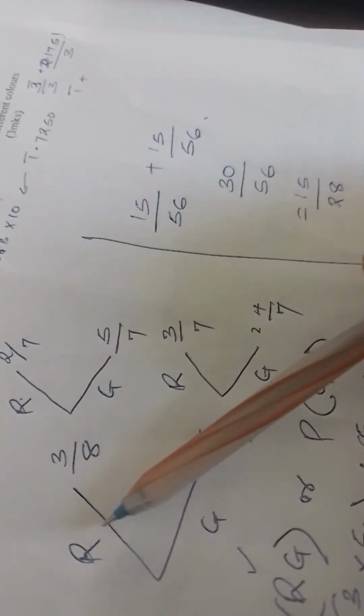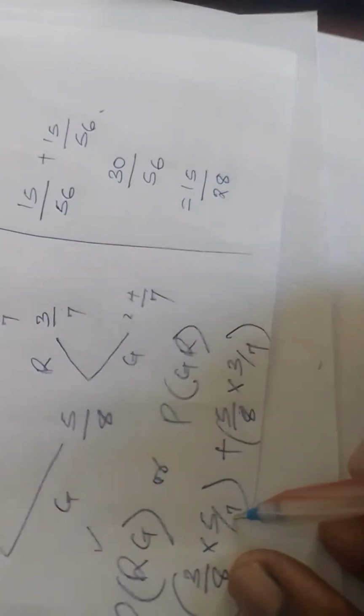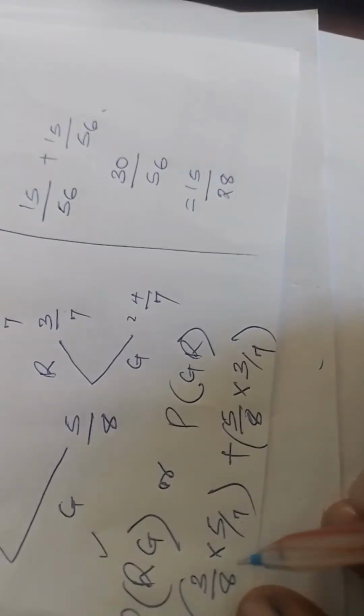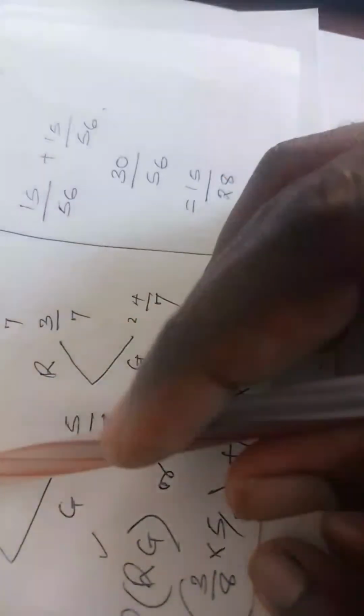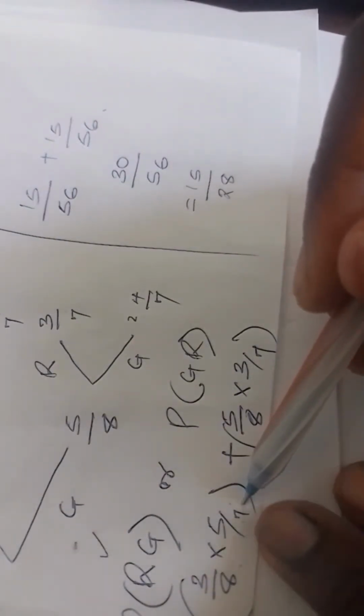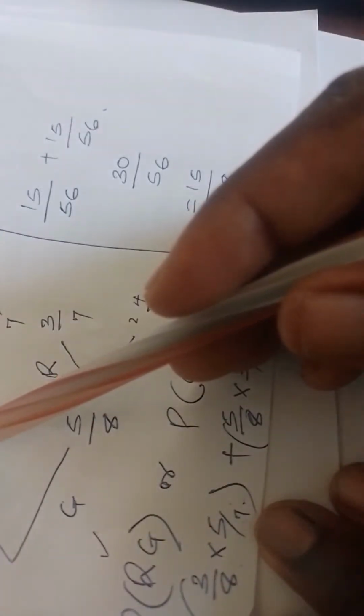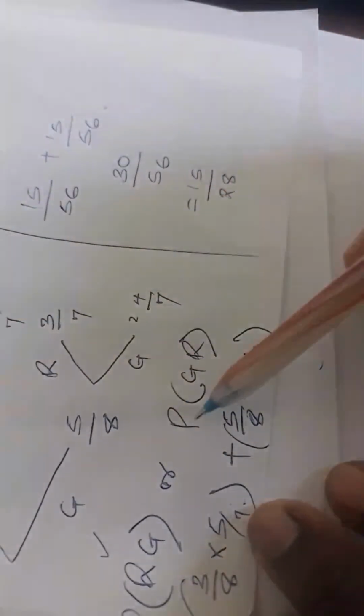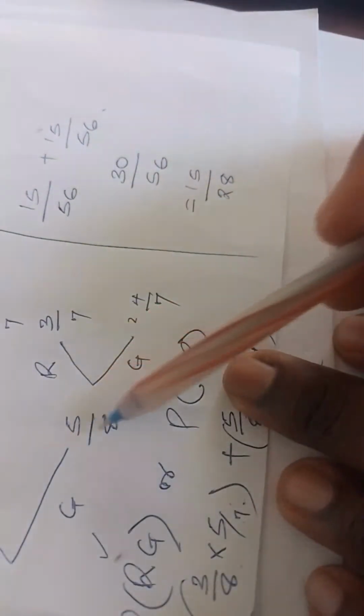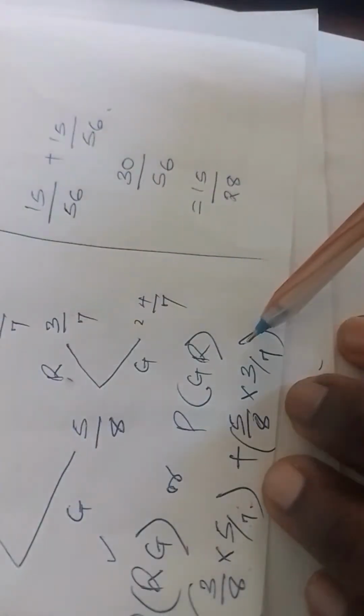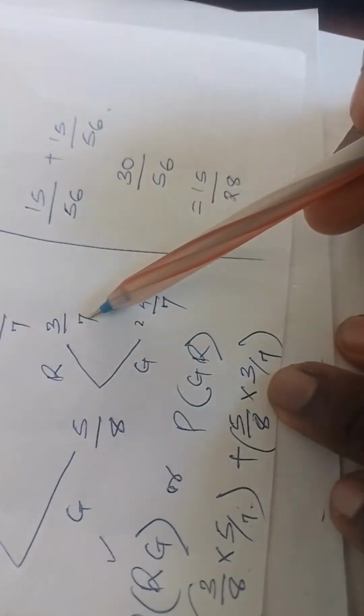This one is supposed to be 3 over, no, there is a correction here. It was supposed to be 3 over 8 times 5 over 7, because it's supposed to be red, green, or green, red, that is 5 over 8 times 3 over 7.